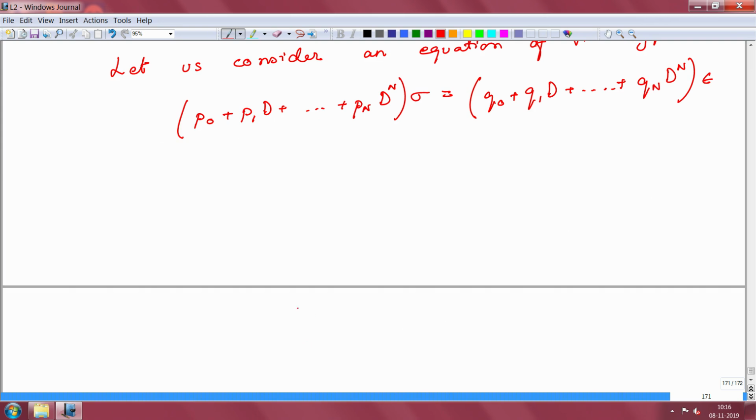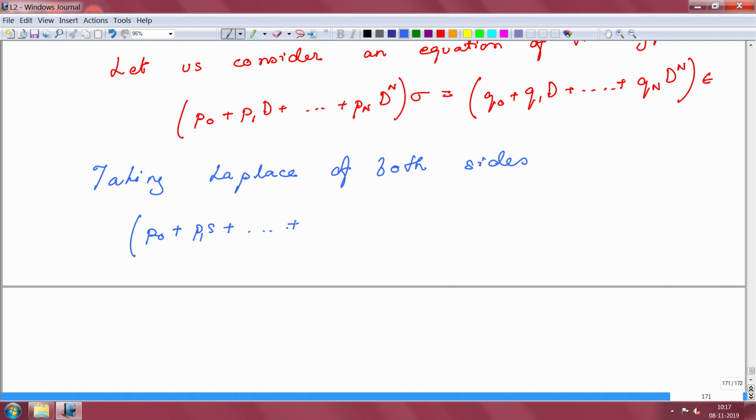So, taking the Laplace of both sides, for every differential operator you basically have one s, and this is very nice for us, because for the nth power of the differential operator, you will have s to the power of n.